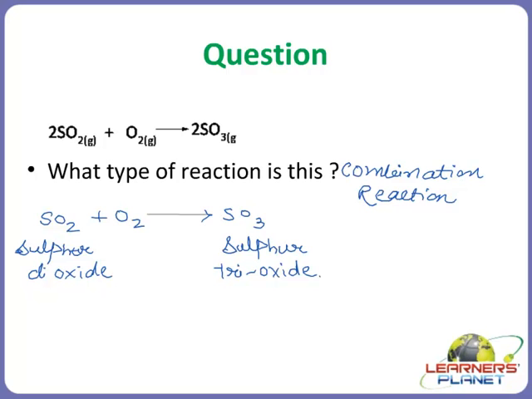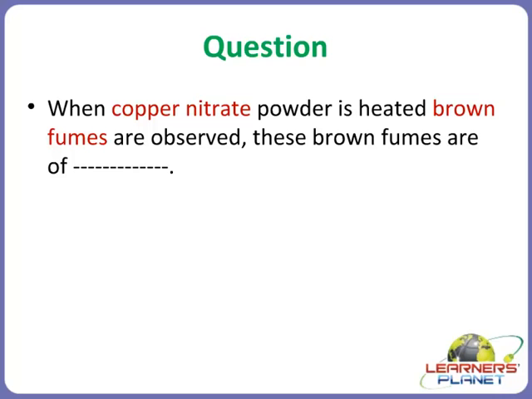Let's take up our next question here. It is the same question: when copper nitrate powder is heated, brown fumes are observed. These brown fumes are of. So, copper nitrate. What is the symbol of copper?